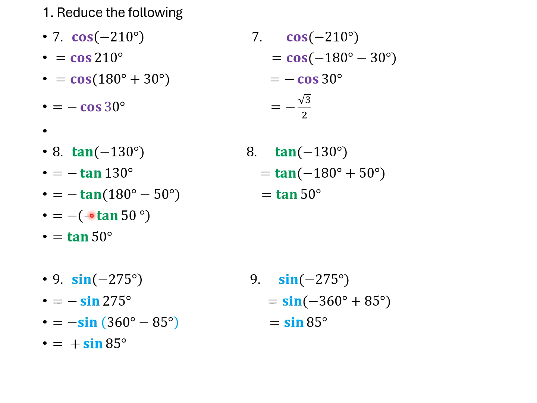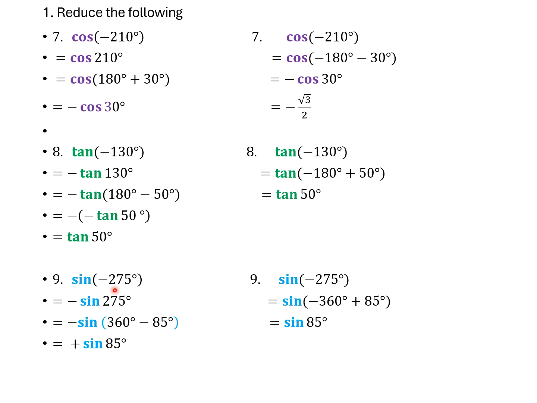So negative times negative becomes positive tan 50 degrees. Look at it differently. Tan negative 130, if I use the negative reduction formula, would become tan of negative 180 plus 50 degrees. So theta minus 180 falls in the third quadrant. In the third quadrant, tan is positive, so that becomes tan 50.